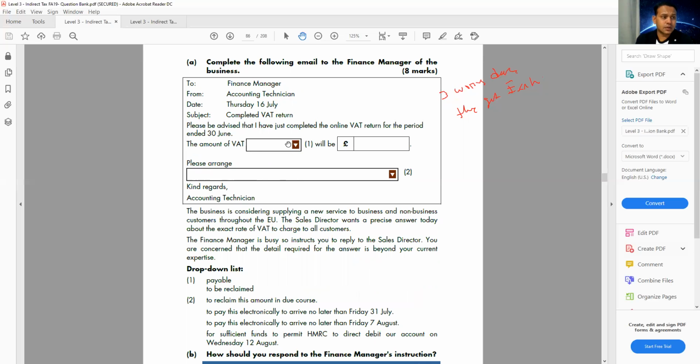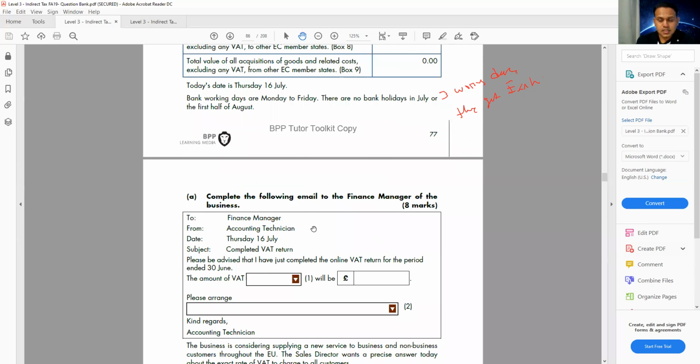So basically, the question is asking about the amount of VAT: is it payable or reclaimable? Will be how much? If you see the sign of the pound, that means it will be the amount. And here you need to say, are you going to get it back from HMRC or are you going to pay to HMRC?